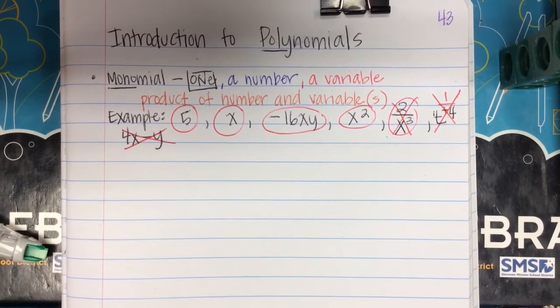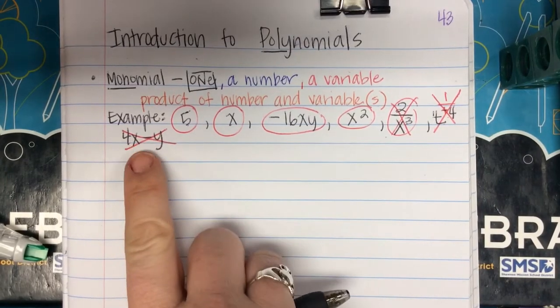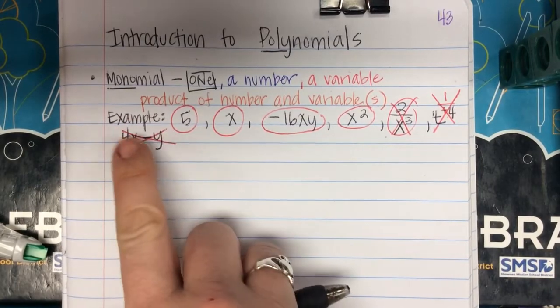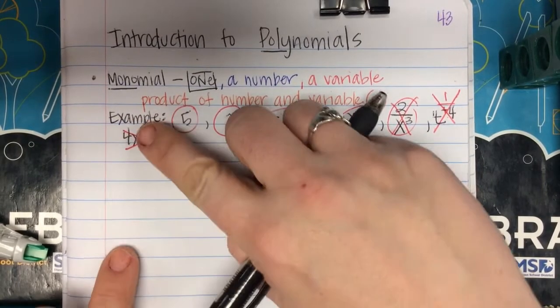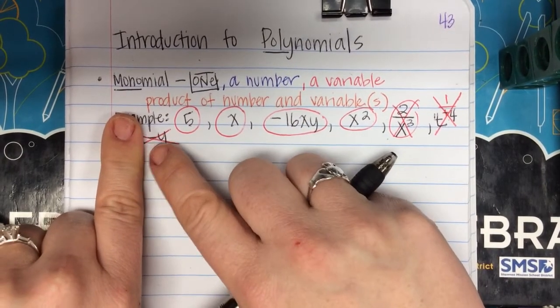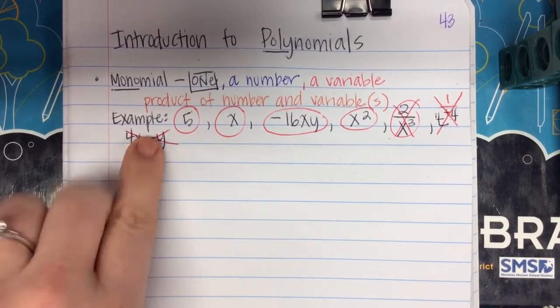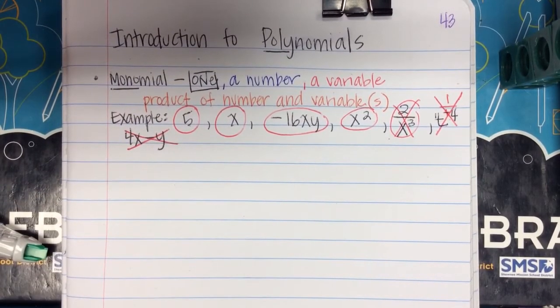It is one term that only has a number or a variable or has multiplication of a number and variable. Everything else, this right here would be a polynomial because there are two. The first monomial is 4x. The second is negative y. This is a polynomial. A monomial is a standalone.